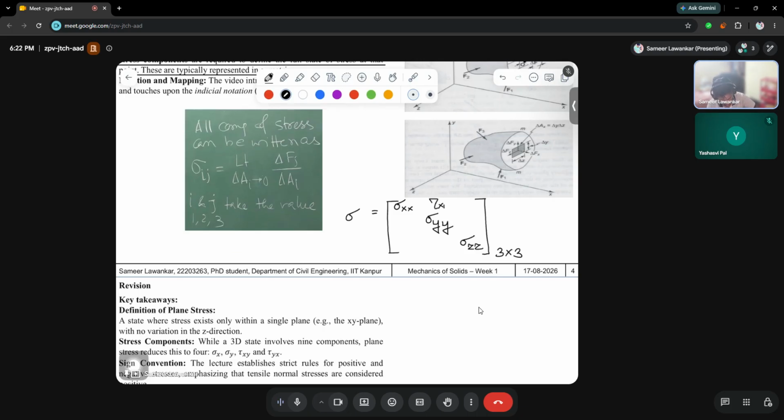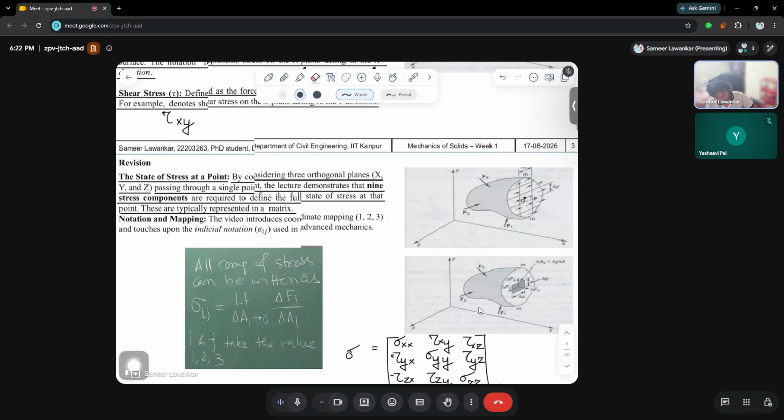Similarly for shear stress, it is tau xy, this is tau yx, then tau zx, then tau zy, and this is tau yz, and this is tau xz. Okay, so these are 9 different stresses which are acting upon a single point only.